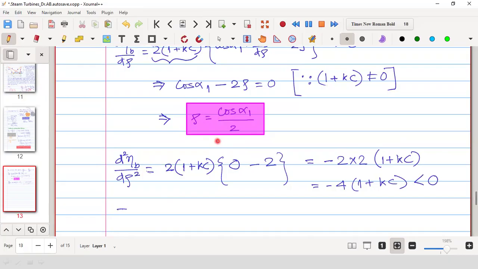Therefore, we say that this is the optimum blade speed ratio, that is cos alpha 1 by 2.